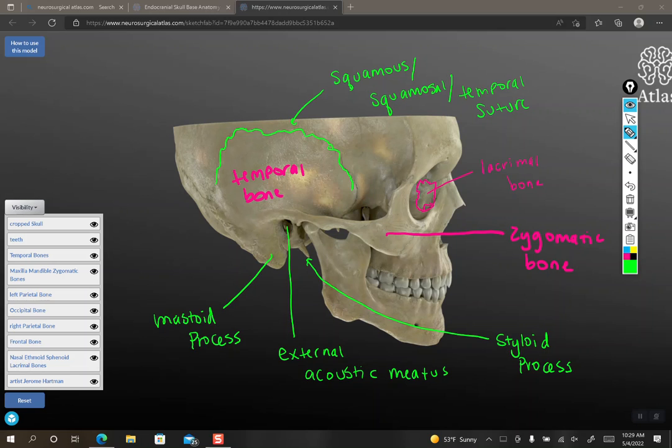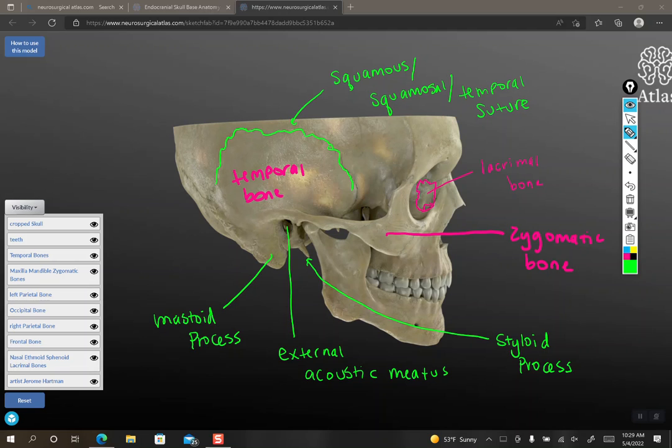So this is one of those things that has a lot of names. You can say any of them, so squamous suture, squamosal suture, temporal suture, all of those are fine. The squamosal and squamous word is referring to the fact that that part of the temporal bone is extremely thin and flat, and it's almost razor-like. And squamous or squamosal means thin and flat and scale-like, so that's why it's called that. So that suture is named for that portion of the temporal bone.